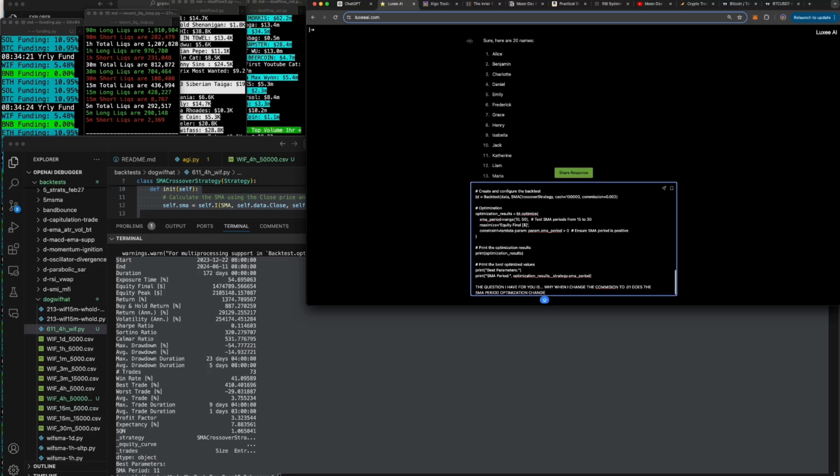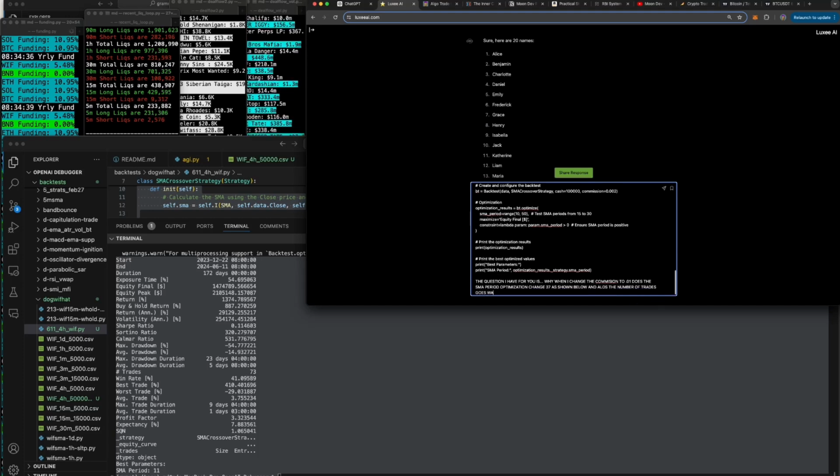Okay, so with 0.01, does the SMA period optimization change to 37 as shown below, and also the number of trades goes way down too.